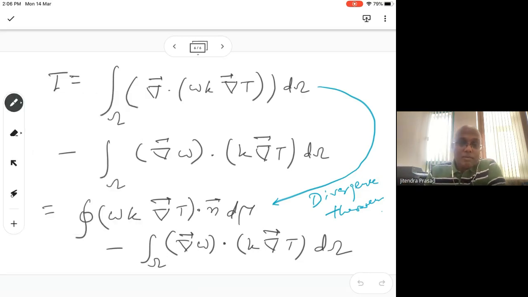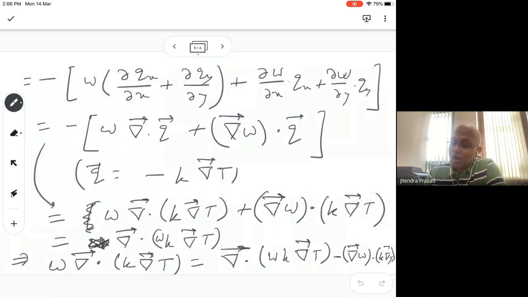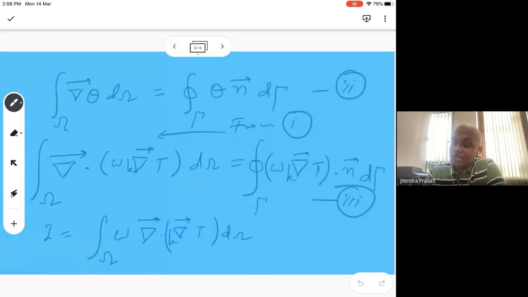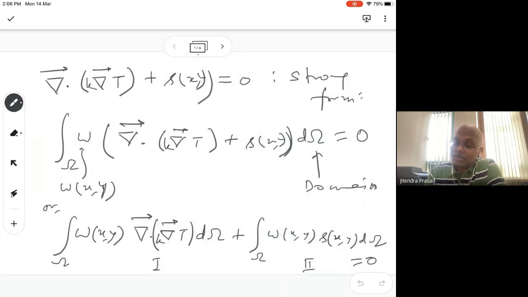If you start from the beginning, we had this strong form, then multiplied by W, which is a function of x, y.